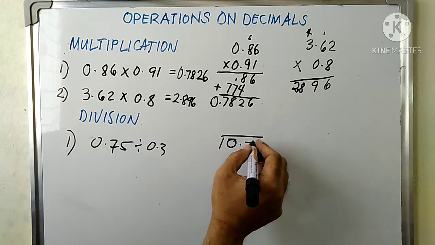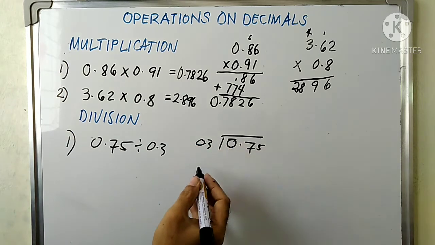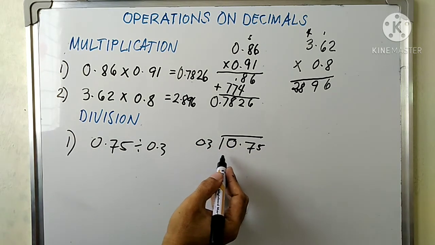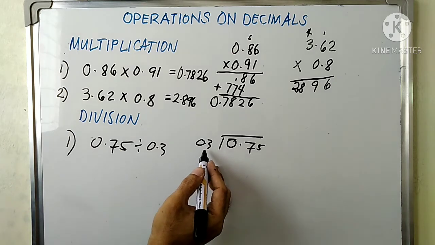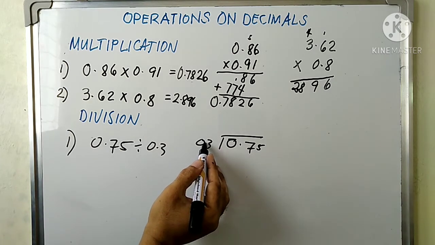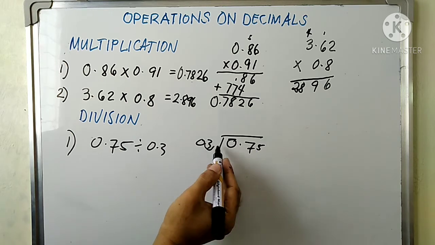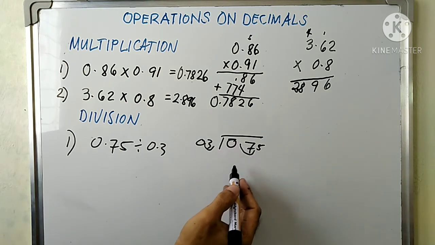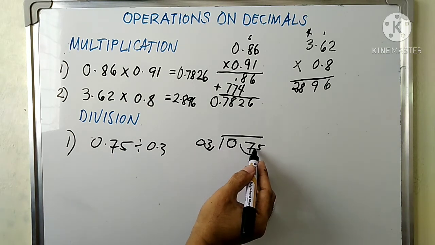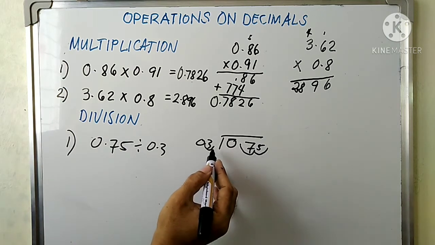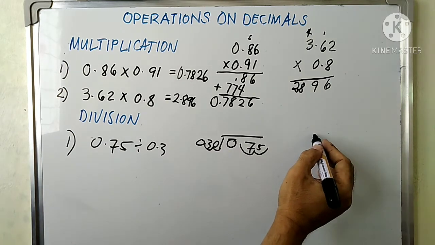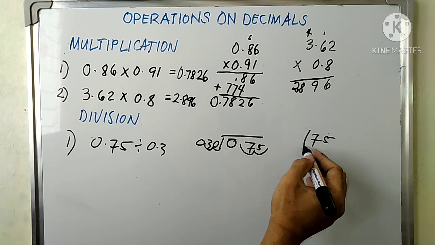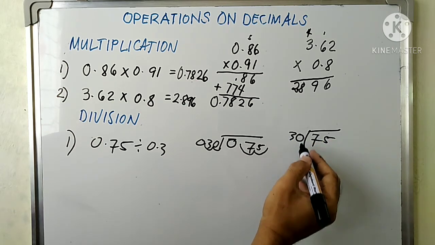Since we have this decimal point and it is difficult to divide, we have to remove the decimal point by moving this to the right. And we have another decimal point here, so we have to move this again, and add 0. So we have 75 divided by 30.